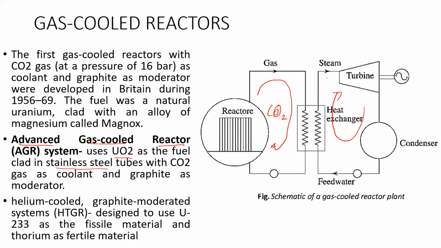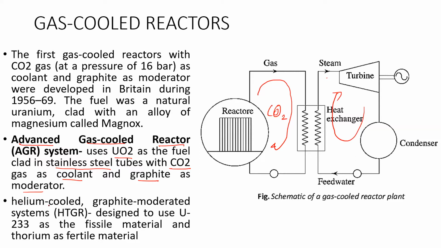It means it is wrapped in stainless steel tubes, again with CO2 as the coolant and graphite as the moderator. Between the two tubes of stainless steel, which contain uranium dioxide, graphite is placed.